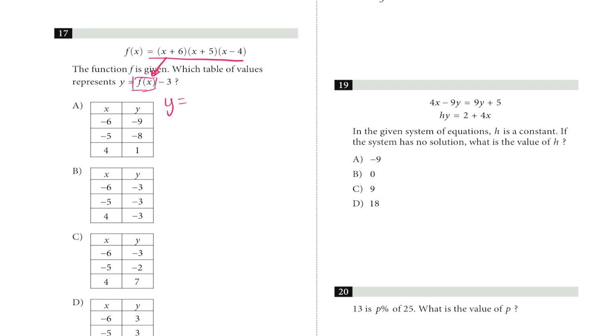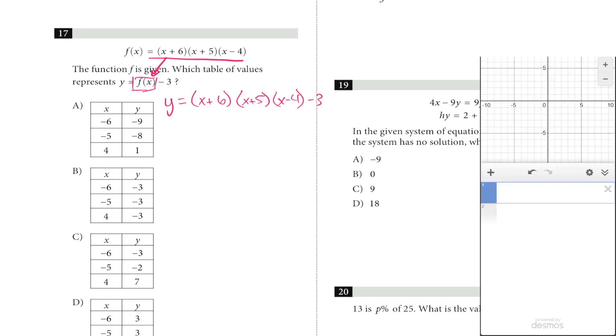So really the equation we have is y equals x plus 6 times x plus 5 times x minus 4, and then just the minus 3 at the end. So they're asking which table of values represents this. What I can do now is pull up Desmos.